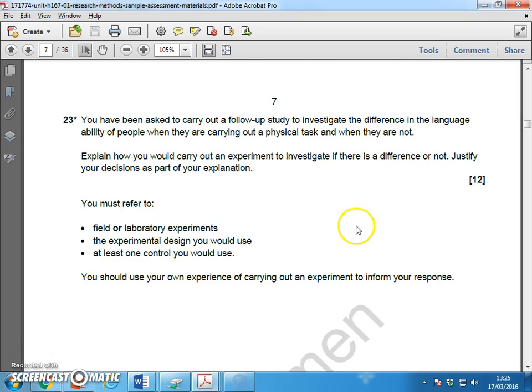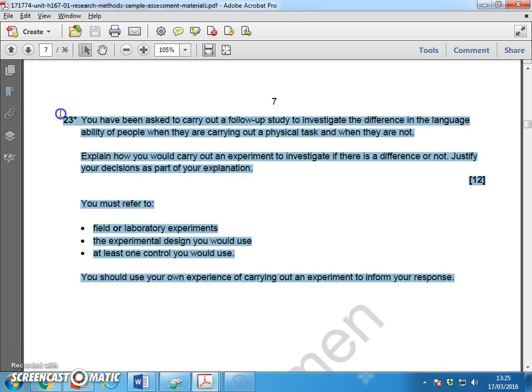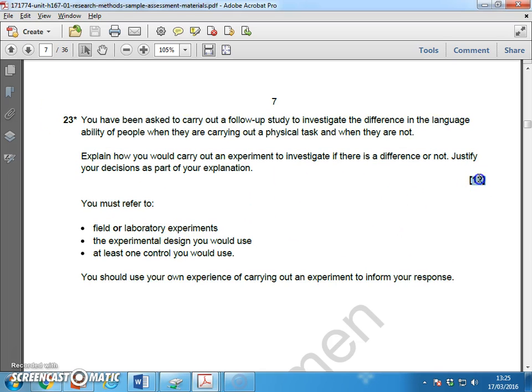Ignore these crossings out, something that I was pressing. Right, the 12 marker. I refer you to the 12 marker video. If you think about the fact that the exam is only worth 90 marks, then 12 out of it's out of 70. 12 out of 70 is 17%.